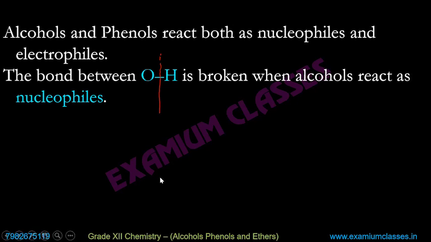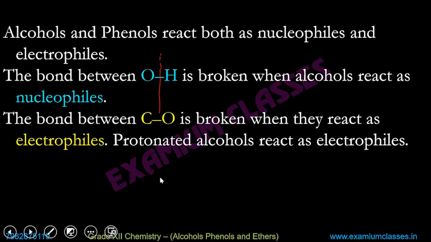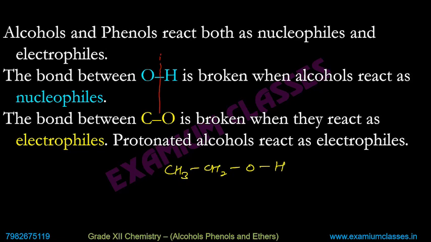But if the CO bond breaks, for example, alcohol, you have C2H5OH, okay? Or write it like CH3CH2OH. If this OH bond is broken, then it acts as nucleophile because this is common sense.